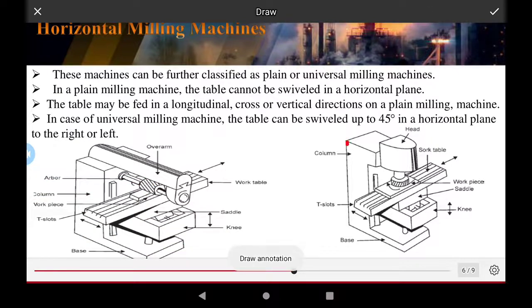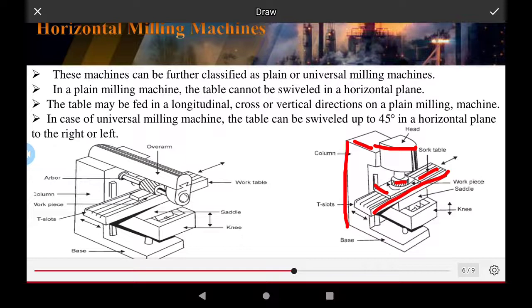Another type of machine has a column and T-slot. The table is mounted here, and on the table is the workpiece. This is the rotating tool head of the machine, and this is the stock table.